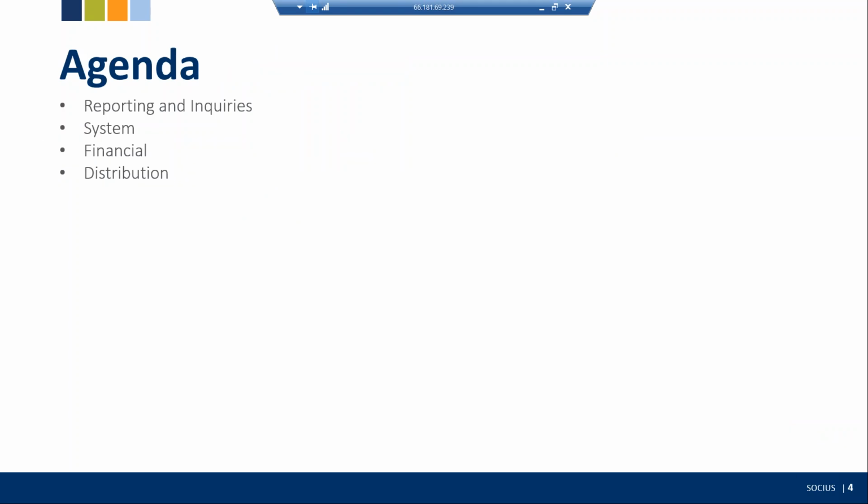We're going to break the session into four categories. We're going to talk about reporting and inquiries. We're going to then talk about system issues. We'll then jump into financial, and we'll finish up with distribution. The way we'd like to do this is we're going to cover each section, and then you'll have an opportunity at the end of each section to ask some questions.